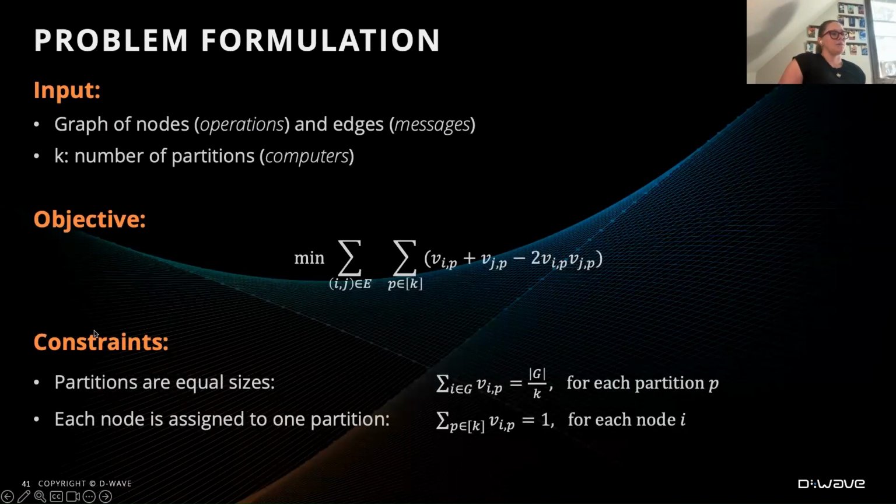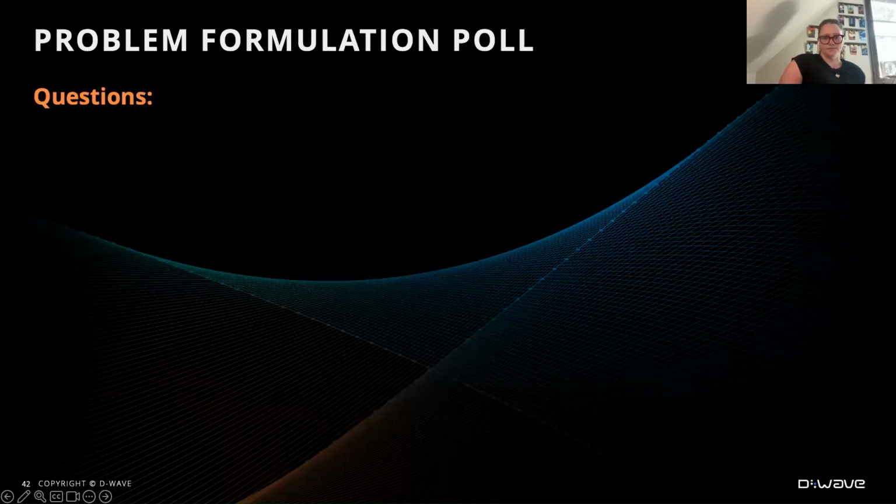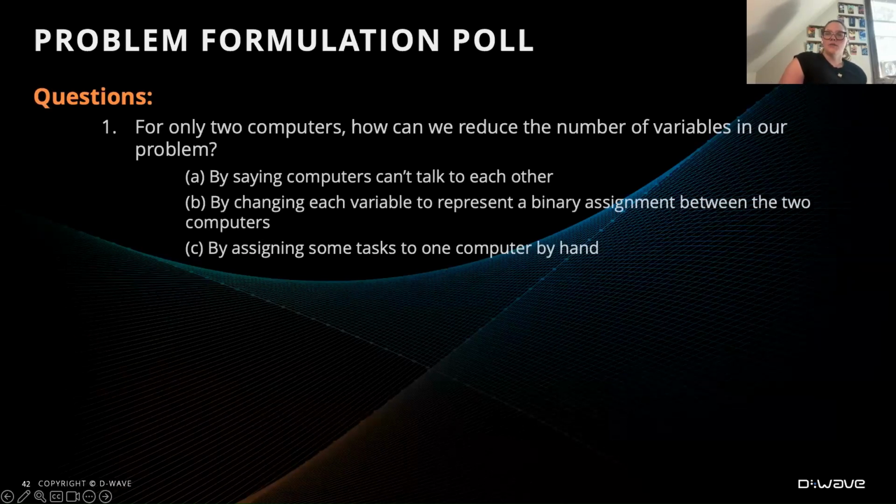So this is the problem that we had formulated. It's not quite in the form of a QUBO, and there are a lot of partitions here. So I'm going to pause and we'll look at a couple of questions because I want to simplify this problem for the next part. What if we only had 2 computers to distribute tasks to?